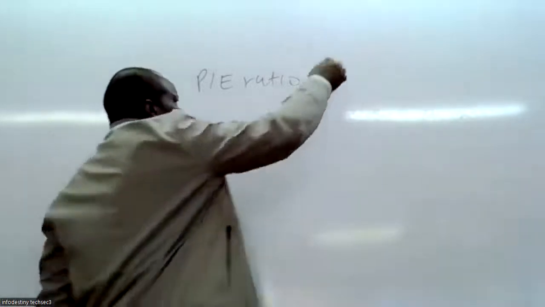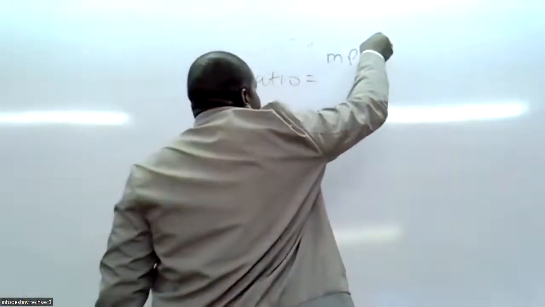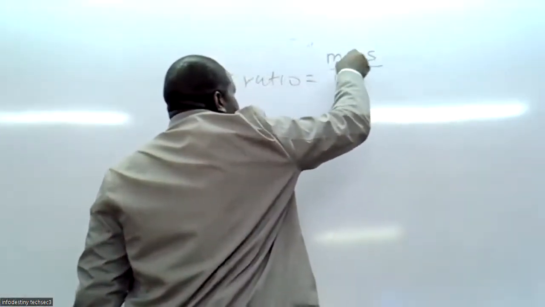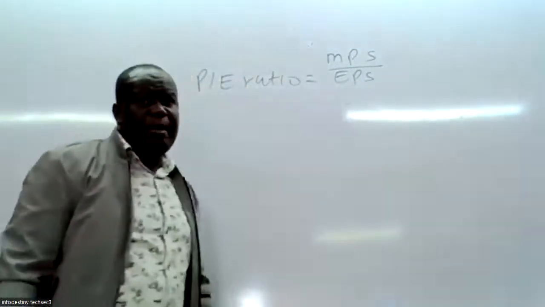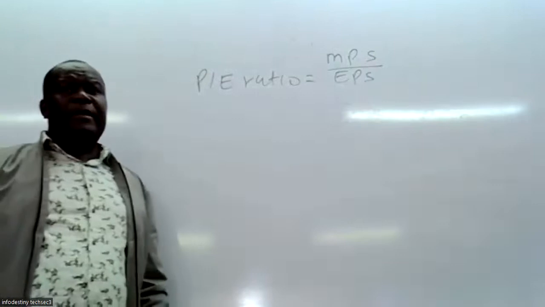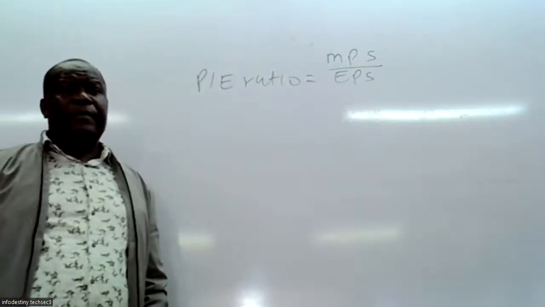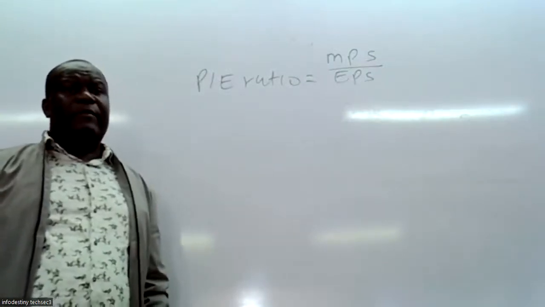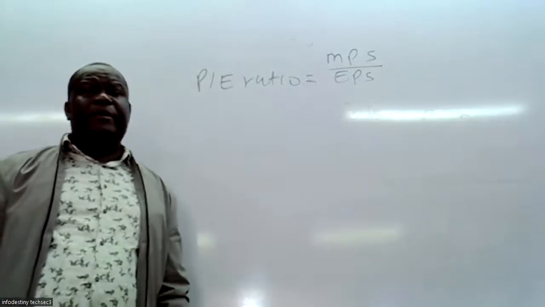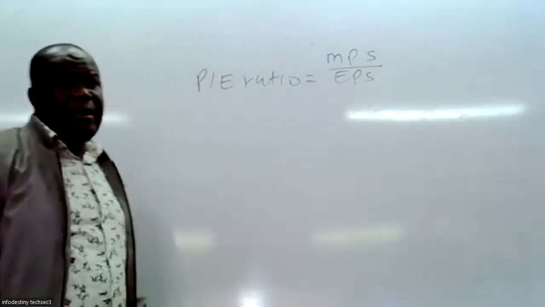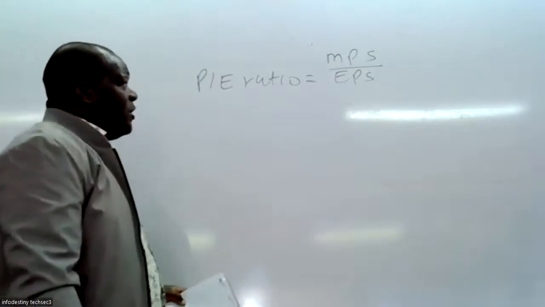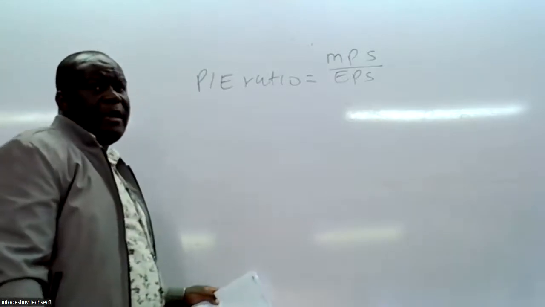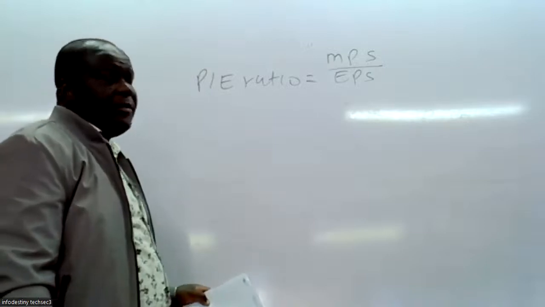Price earning ratio is supposed to be given by market price per share divided by the earnings per share. So we shall be making the market price per share the subject.